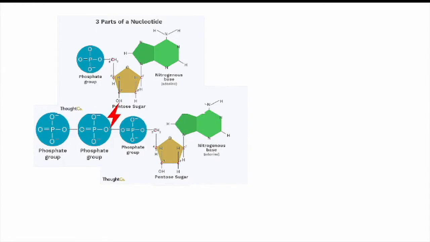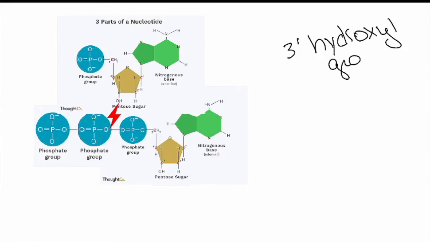Then what happens is that the 3' hydroxyl group, that hydroxyl group is the OH, it's charged and it attacks, this is the terminology, it attacks that bond between the phosphates.